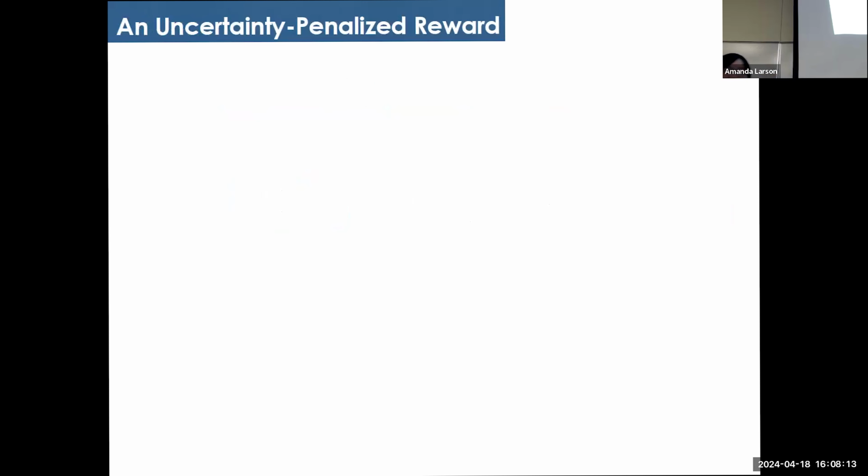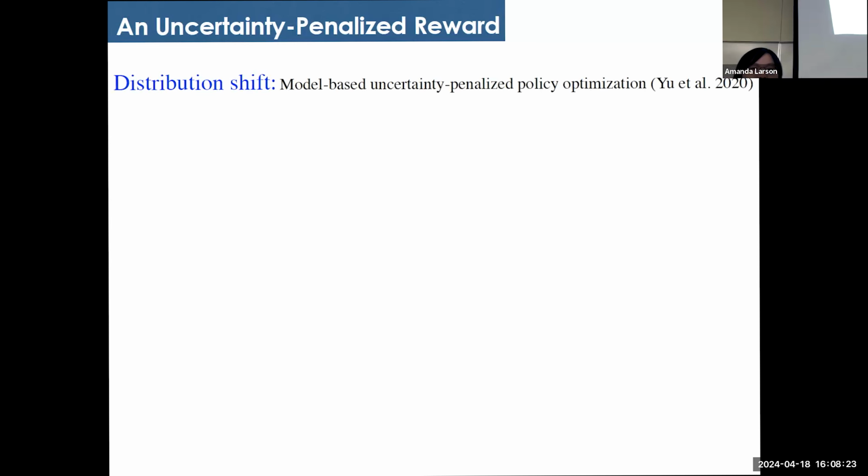And not just this reward, we also define an uncertainty-penalized reward, to address the distribution shift issue. Our idea is simple. It's borrowed from a method called MOPO, where they create a pessimistic environment by defining a pessimistic reward.